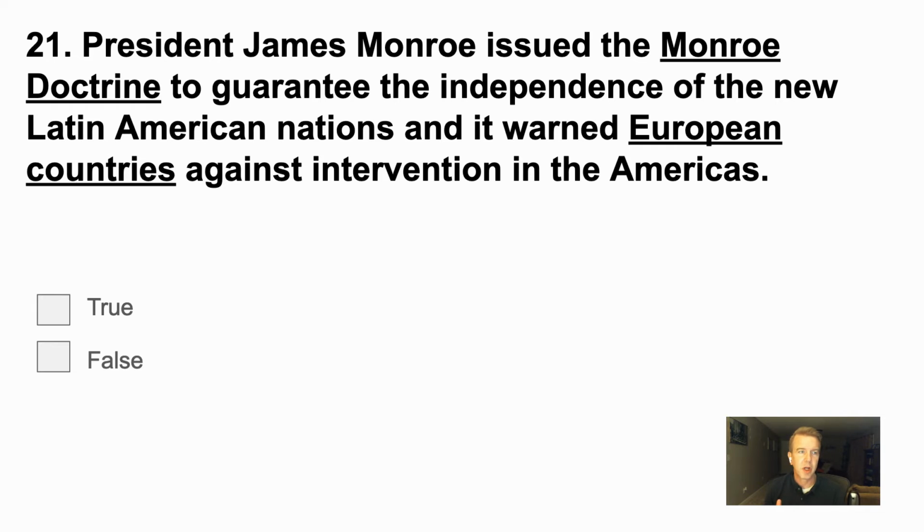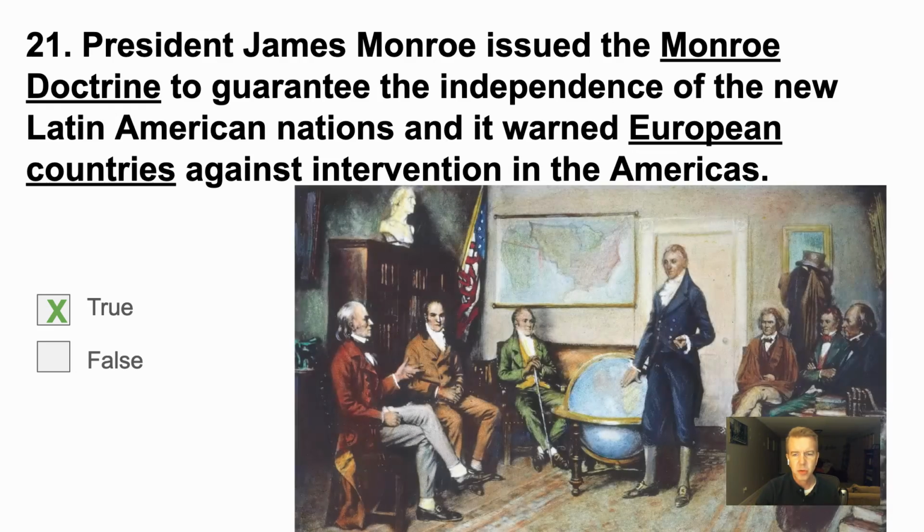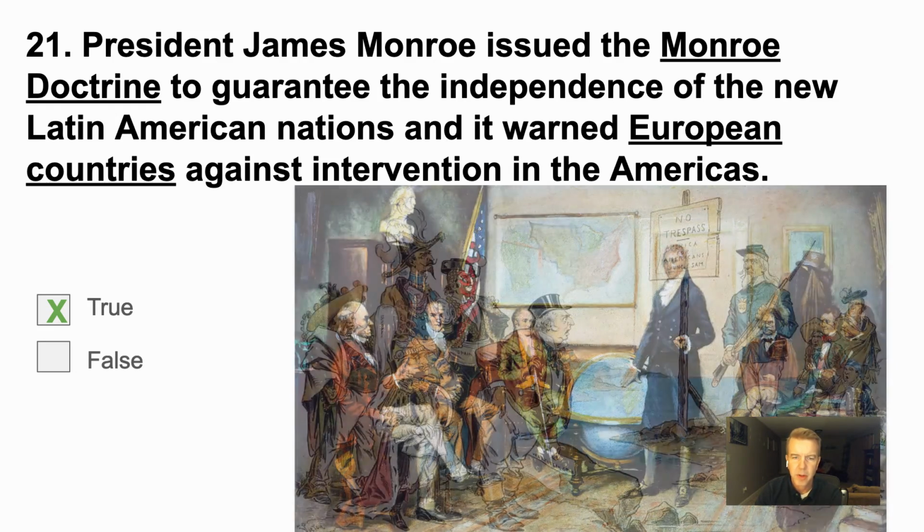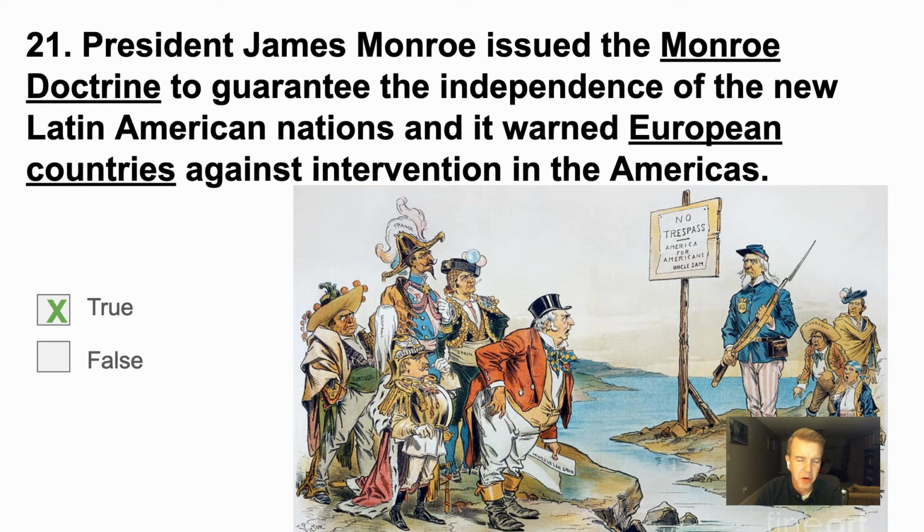President James Monroe issued the Monroe Doctrine to guarantee the independence of the new Latin American nations, and it warned European nations and countries against intervention in the Americas. That is true. There's Monroe there, issuing the Monroe Doctrine. This is a political cartoon because I love him. Here's our Uncle Sam keeping people out saying, no trespassing, America for Americans.